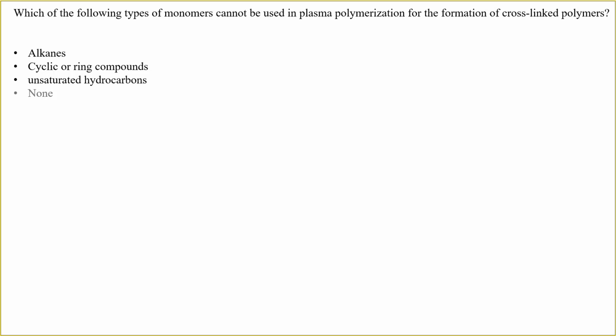That is the exact reason why alkanes, cyclic or ring compounds and unsaturated hydrocarbons, which are mentioned right here, cannot withstand that kind of agitation, and they are not suitable for this kind of cross-linking process. So none of these are suitable for the plasma polymerization reaction.